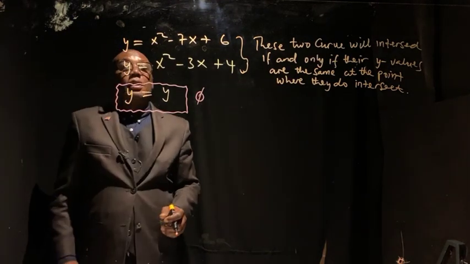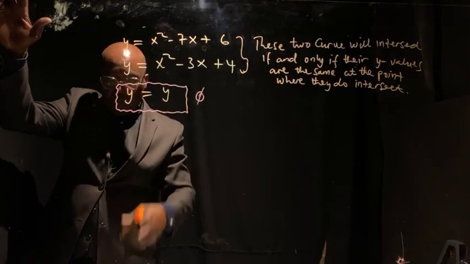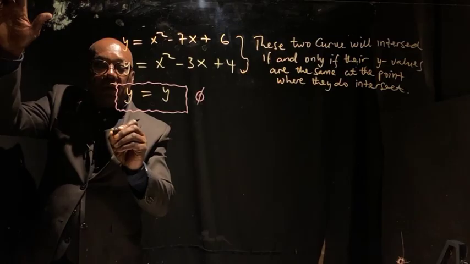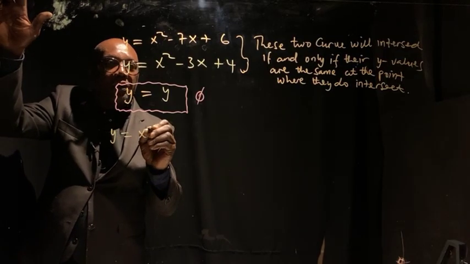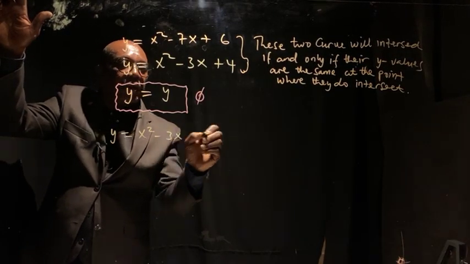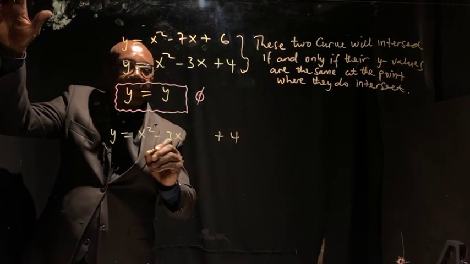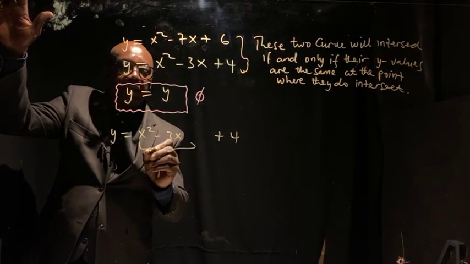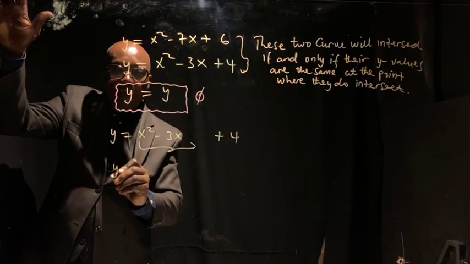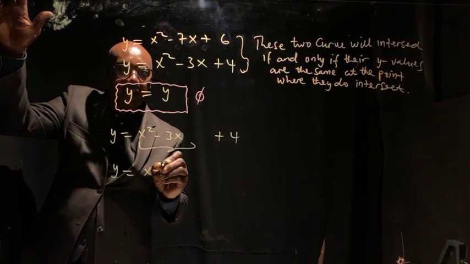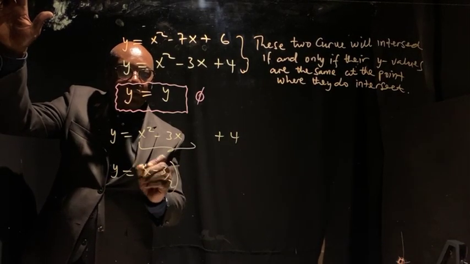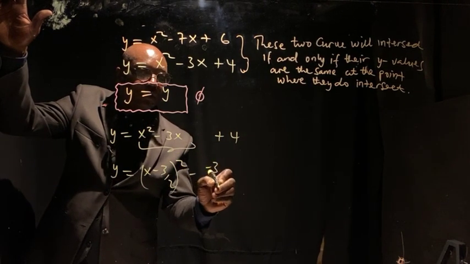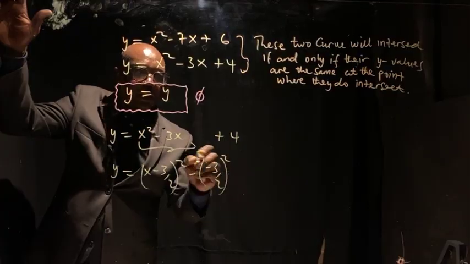Now, let's continue with this graph: y equal x squared minus 3x plus 4. We will complete the square. So y equal x minus 3 over 2 squared minus 3 over 2 squared.